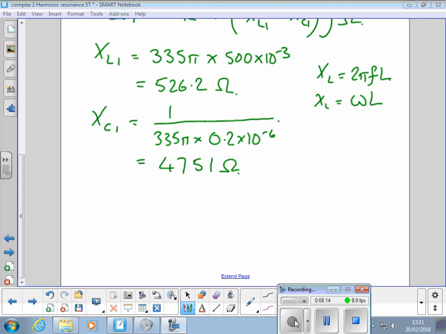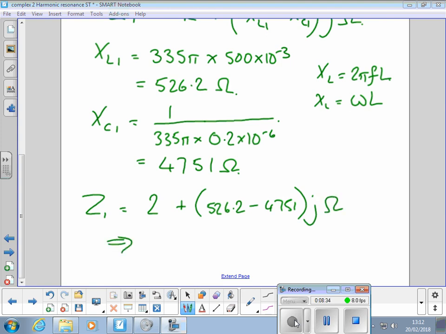So now we can go and calculate Z1 as being the resistance 2 ohms plus 526.2 minus 4751 j, and we want to convert that to polar.